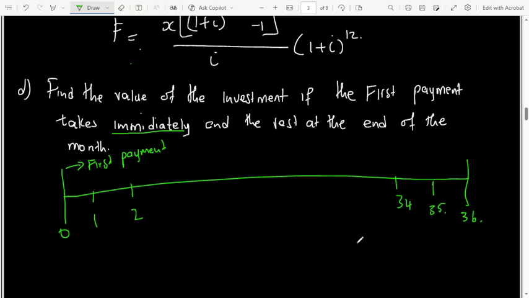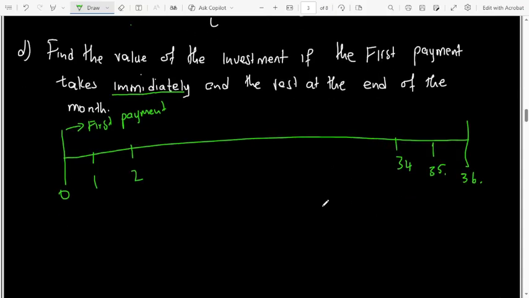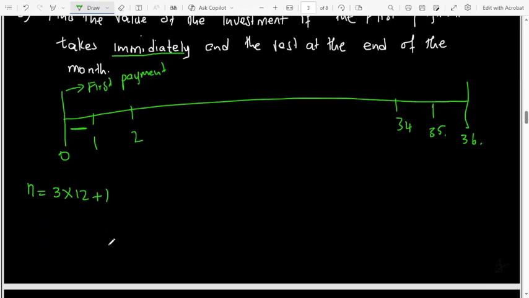Right, so let's work on this. When we deposit an amount immediately, N is 3 times 12. Then this time, remember, we started at 0, so we need to add 1. So since we add 1, N is equal to 3 times 12 plus 1. So how many payments are we going to make? 37 equal payments.